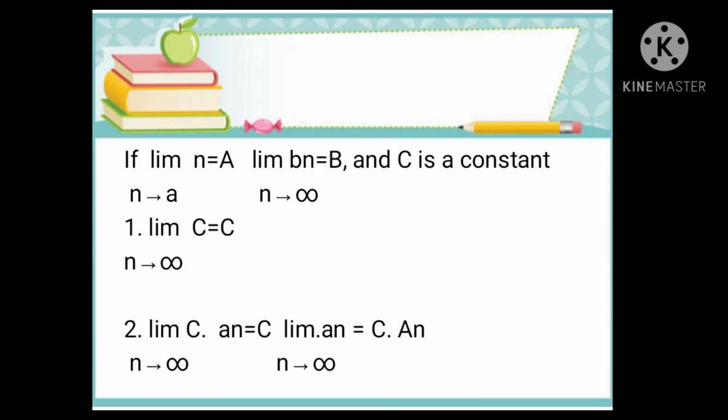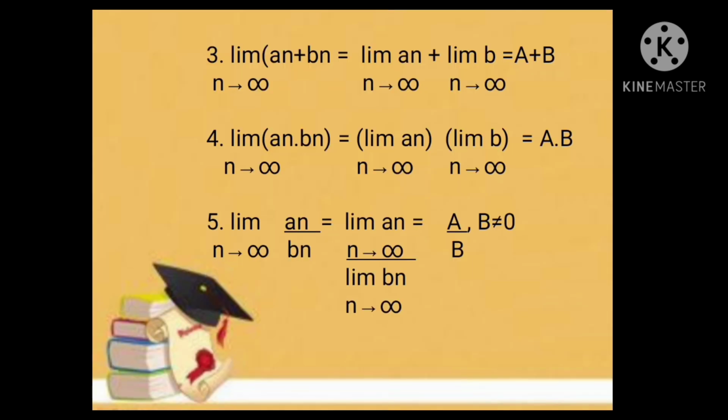Number 3, the limit of a_n plus b_n is equal to the limit of a_n as n goes to infinity plus the limit of b_n as n goes to infinity, which is equal to a plus b. Number 4, the limit as n goes to infinity of a_n times b_n is equal to the limit of a_n times the limit of b_n, which is equal to a times b.